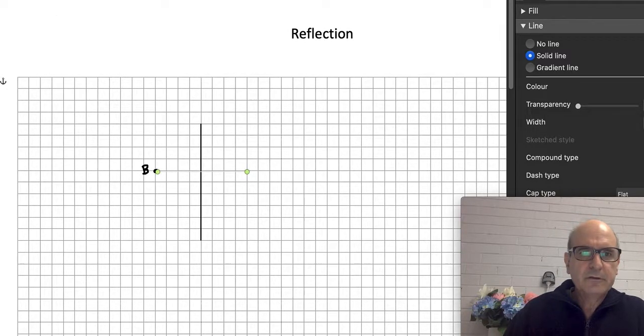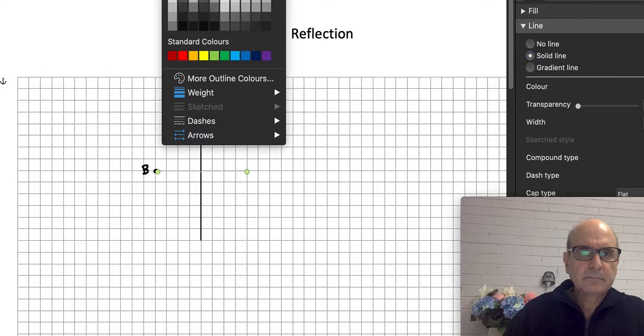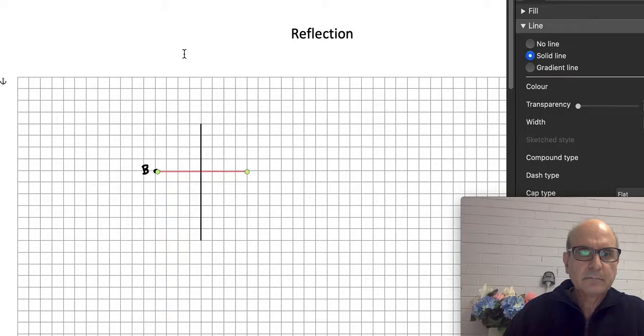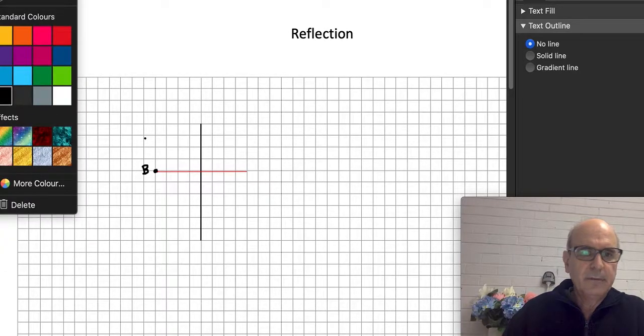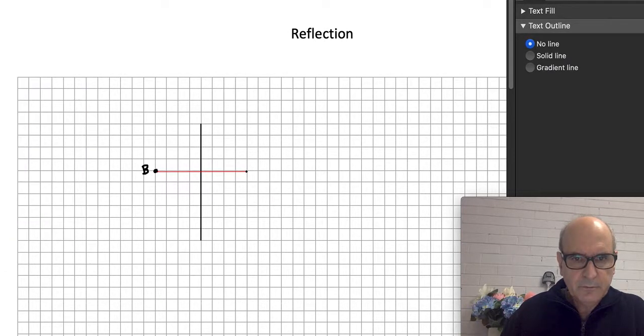I change its color. So this gives us the new point, which is the reflection of point B. And we show it with the point B dash or B prime.